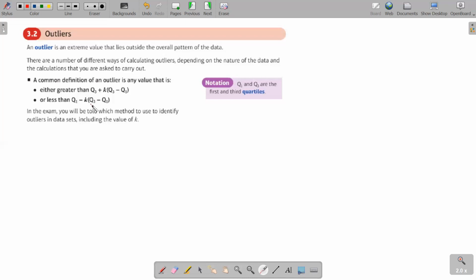All you need to do is apply these values, get the boundaries for the outliers, and see whether any data value is outside those limits. The data points are going to be in between these two.